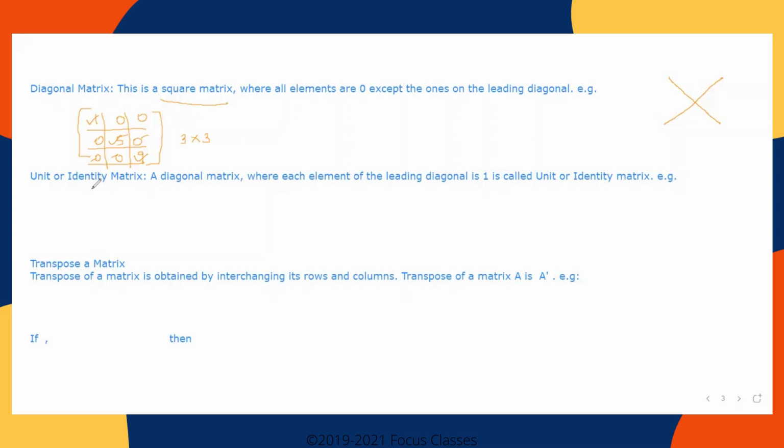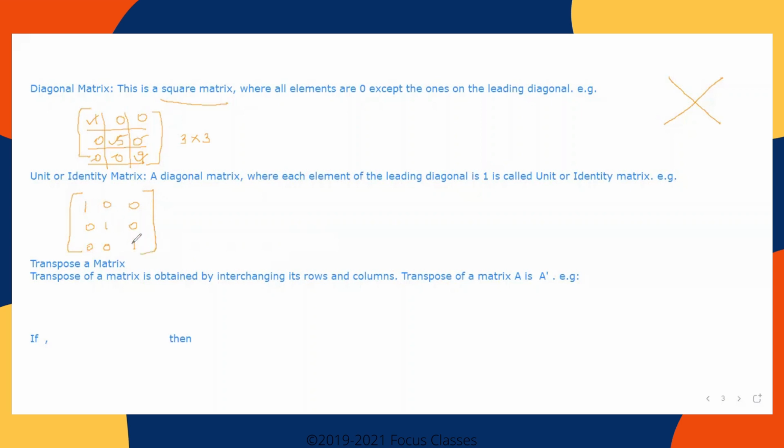Just now we discussed the diagonal matrix. So we have to write down the diagonal matrix where each element of the leading diagonal is 1. Okay, so 1, 0, 0, 0, 1, 0, 0, 0, and then 1.